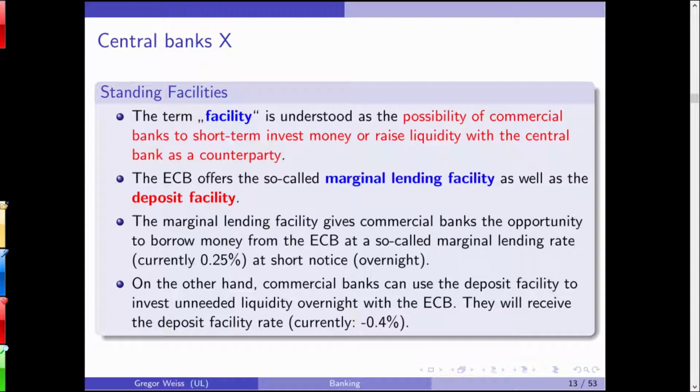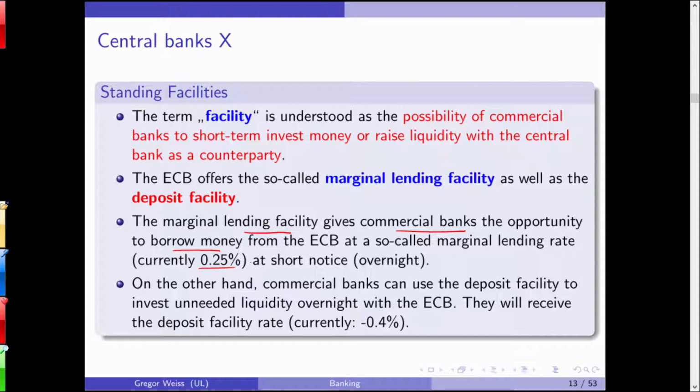Now, the ECB offers the so-called marginal lending facility as well as the deposit facility. Those are the two facilities for depositing liquidity and getting overnight liquidity. Now, the situation is currently quite perverse, as you know, because right now the marginal lending facility gives commercial banks the opportunity to borrow money at currently 0.25%.